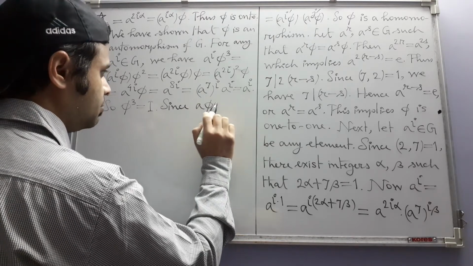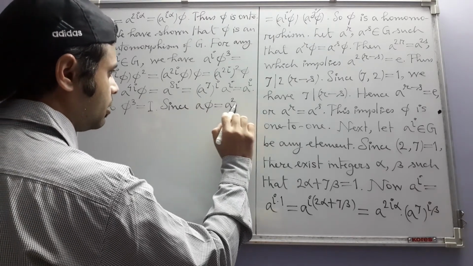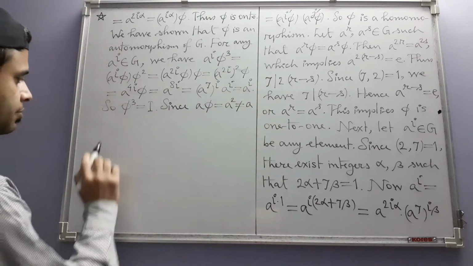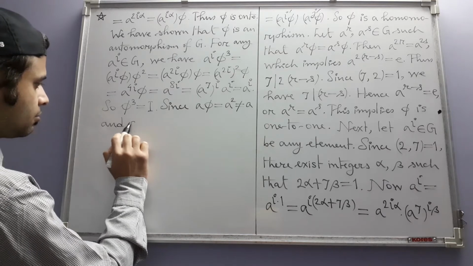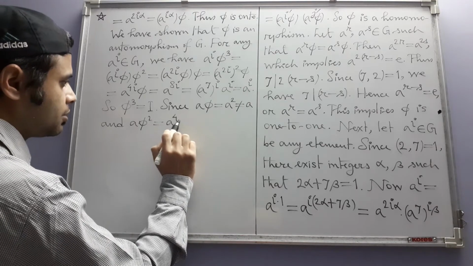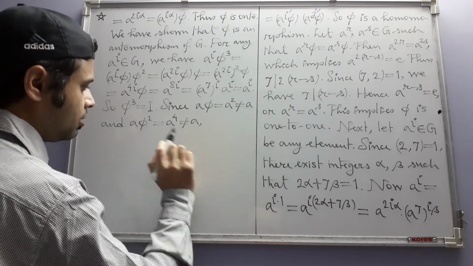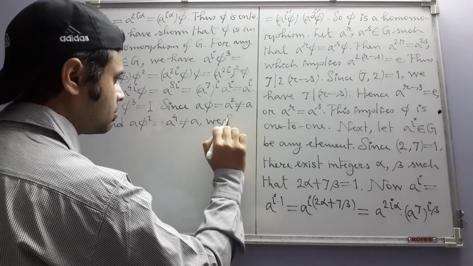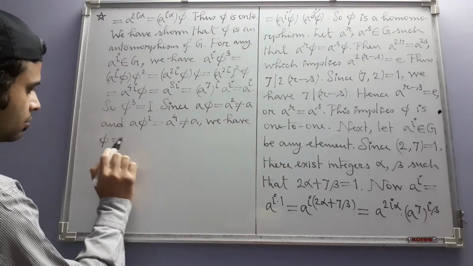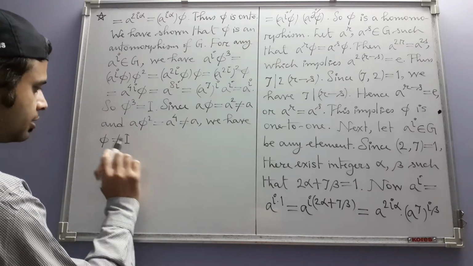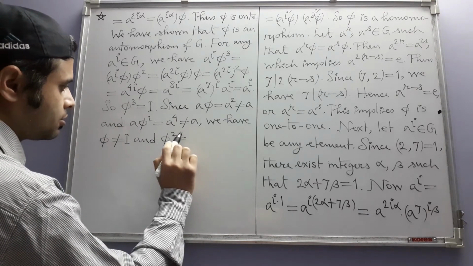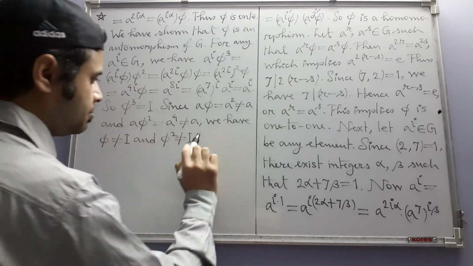Since a phi equal to a square is not equal to a, and a phi square equal to a to the power 4 is also not equal to a, we have phi not equal to identity and phi square also not equal to identity.